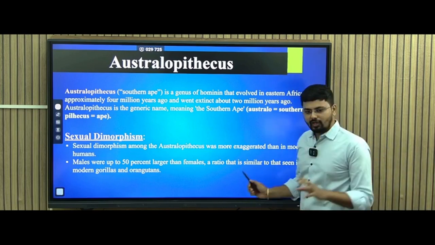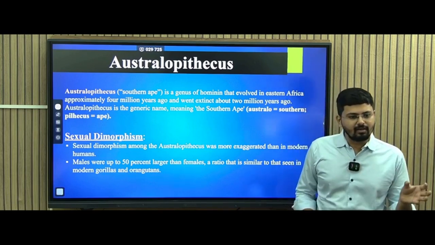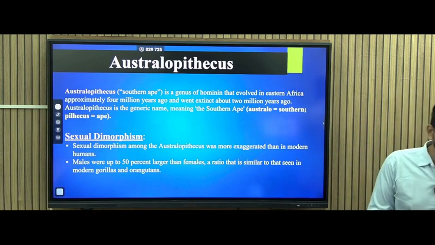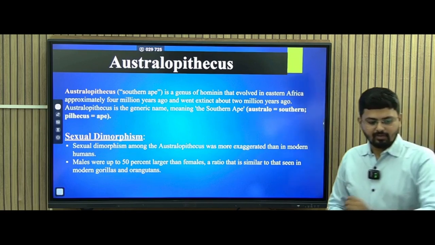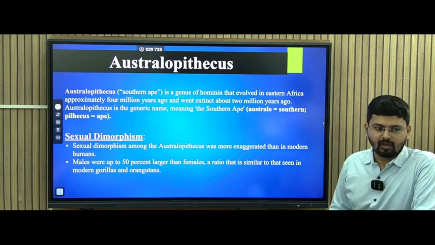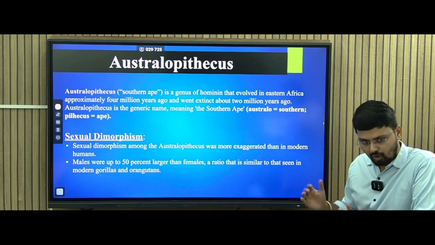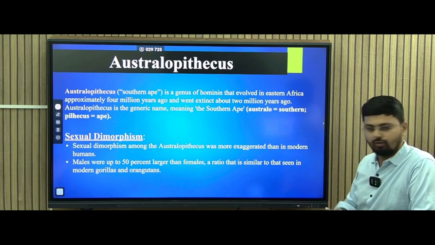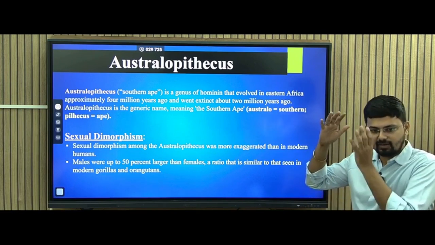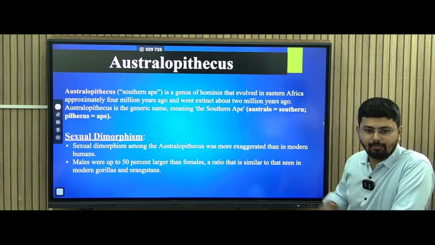So you can notice that this is just like the primates only. In primates also, the same thing happens. The males are very large in size, whereas females have a shorter height and body, right? So you notice the parts to be half of the male.